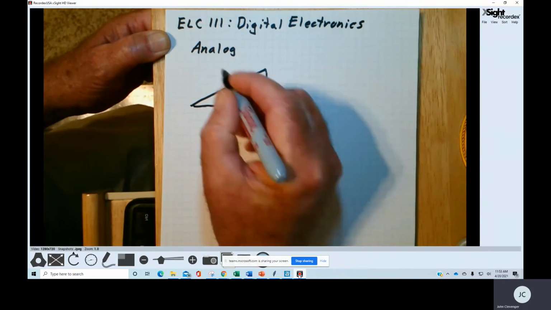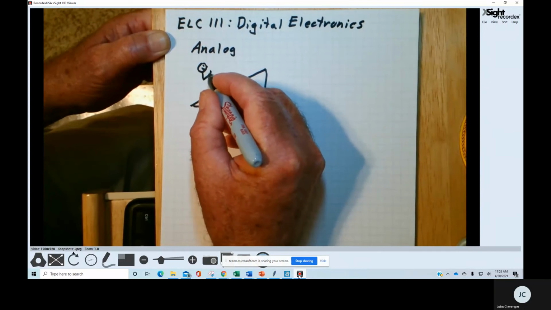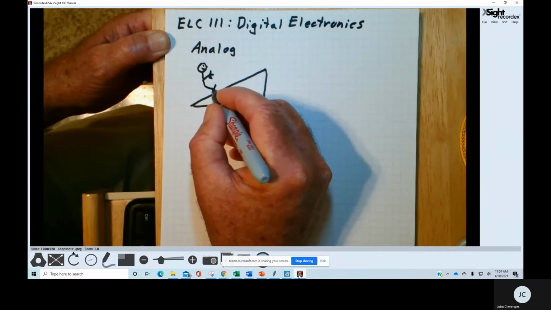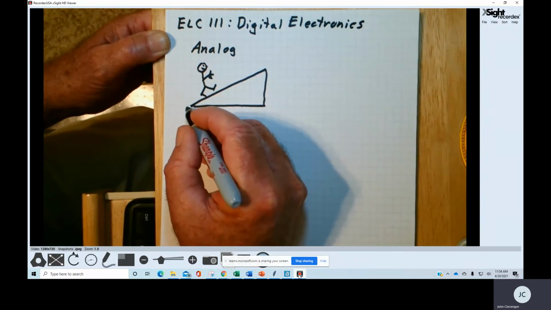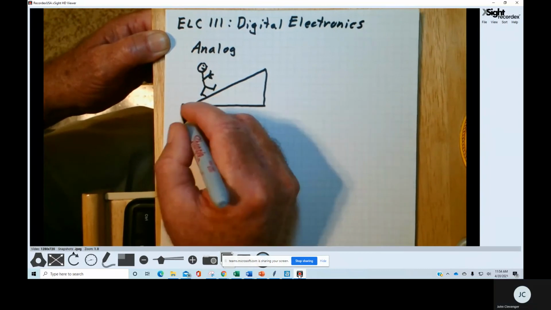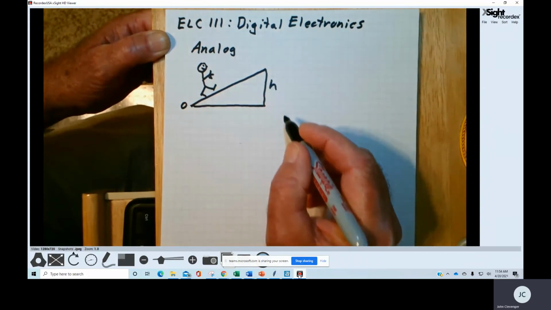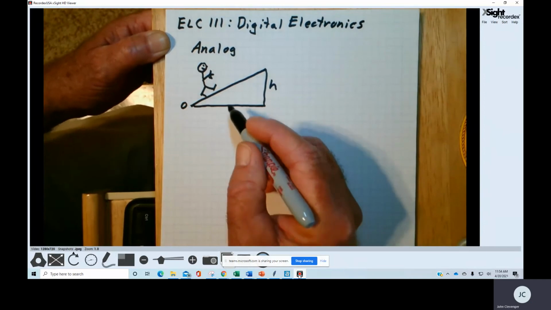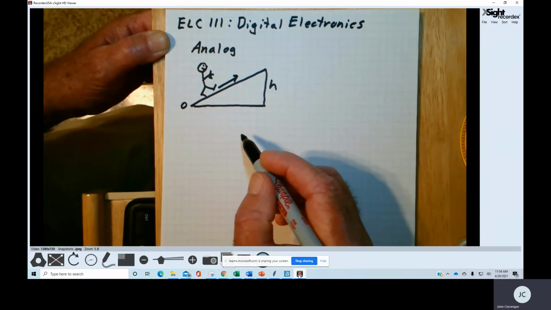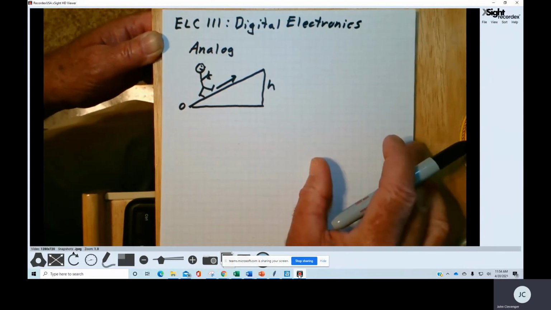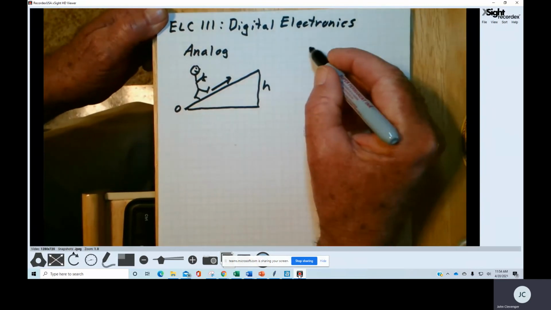And if someone were walking up this ramp, then this person can be anywhere from the ground, or what I'll call height 0, up to some height we'll simply define as h. So as this person moves up the ramp, his height will increase, but there's no set or discrete positions or points where this person can be above the ground.